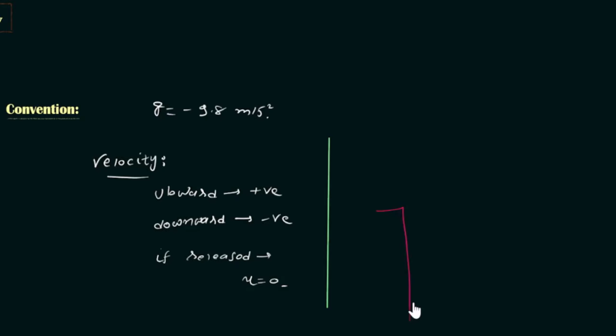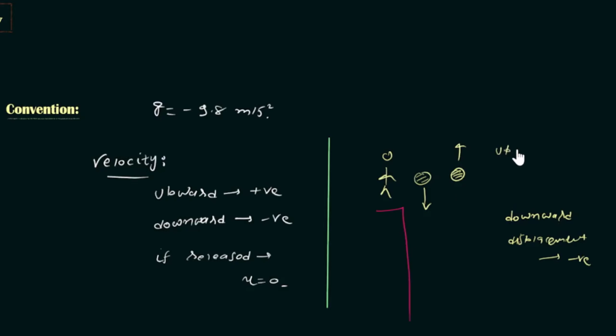Now consider this particular tower, where a person is standing on the tower with a ball in his hand. Whenever the object moves downwards, the downward displacement is always taken as negative, and upward displacement is taken as positive.